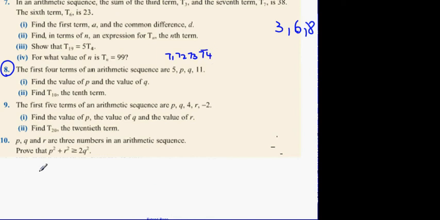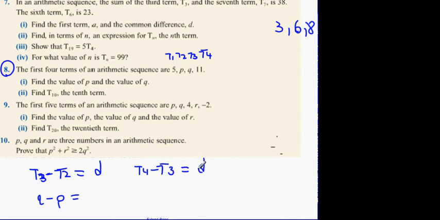So technically T3 minus T2 is D, so T3 minus T2 equals D. So q minus p, and that's also going to equal, let me see, we can do T4 minus T3.